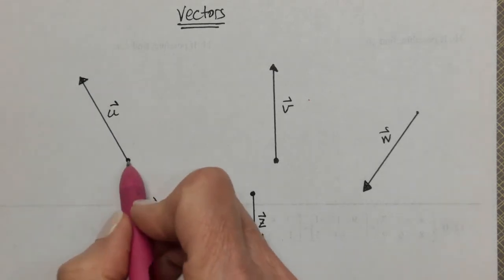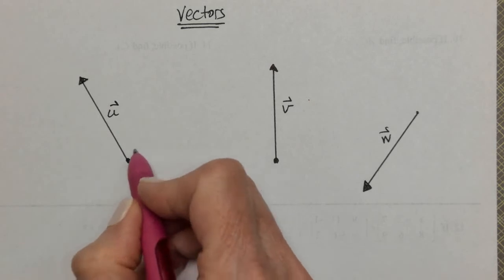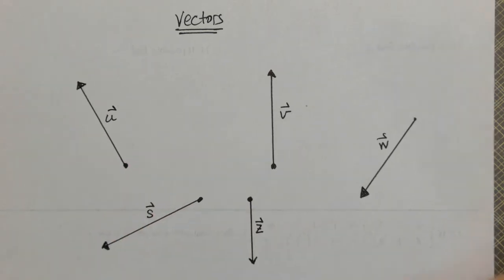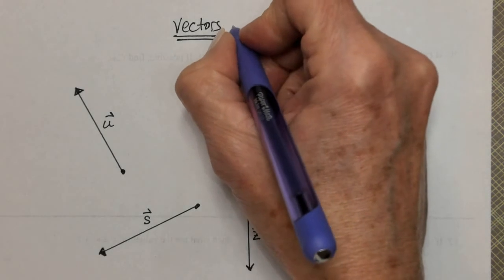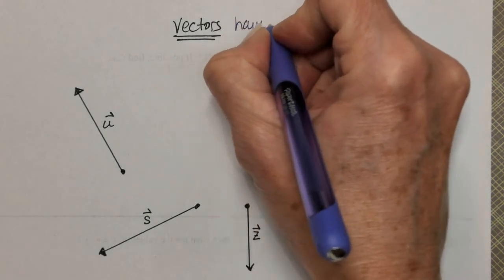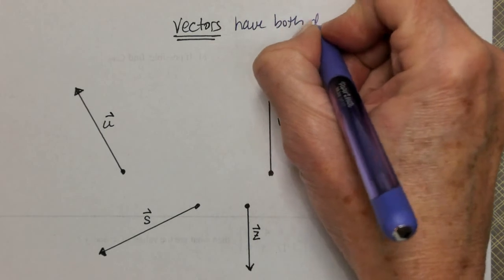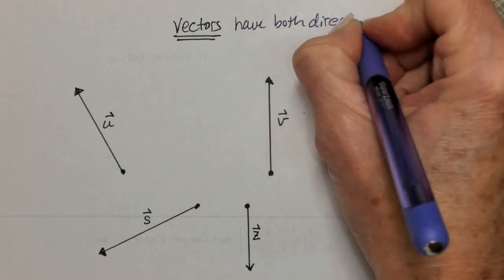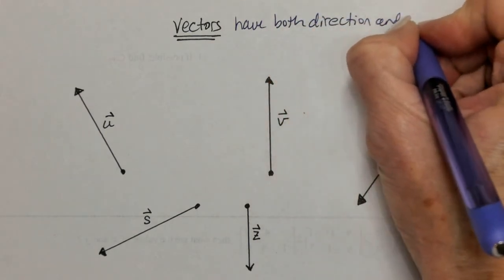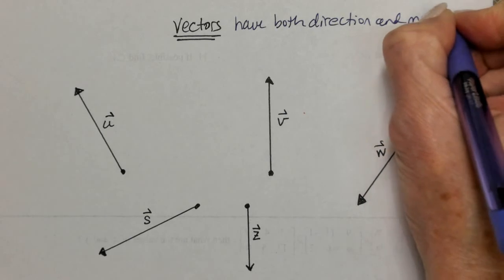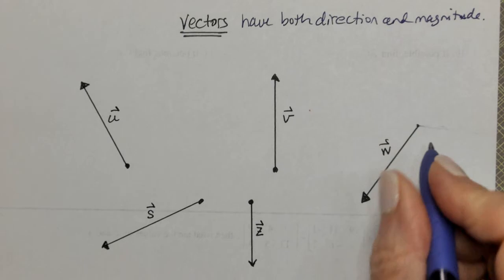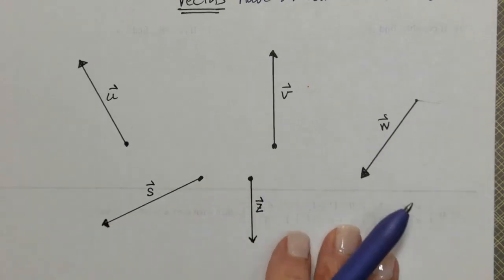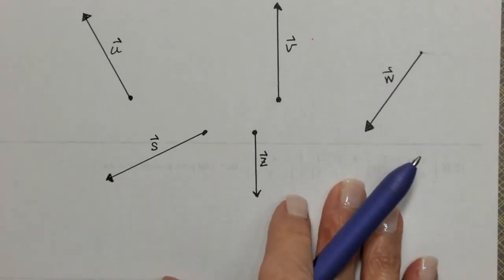So a vector has direction and magnitude. So those are the two components of a vector. They have both direction and magnitude. Okay, so first of all, that's the first thing I wanted to tell you.